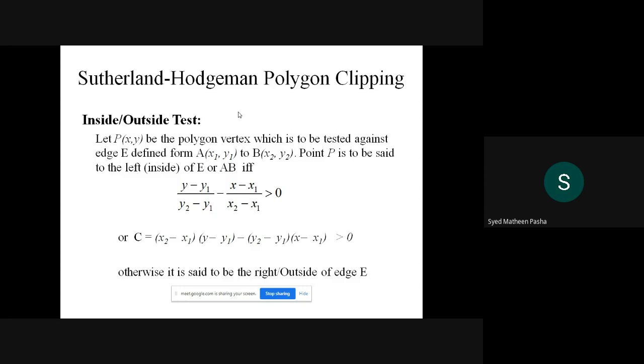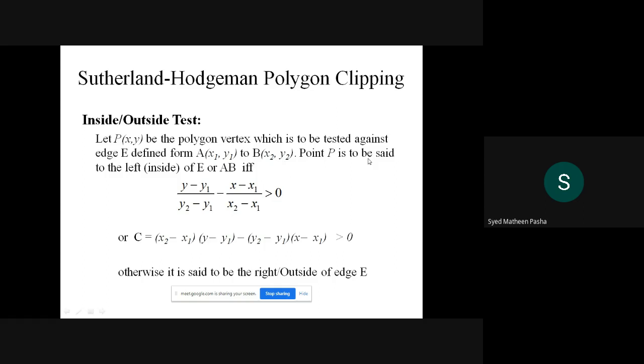In this test, we assume a point P of xy, the polygon vertex, which is to be tested against edge E. We define this edge as A with coordinates x1, y1, and B with coordinates x2, y2.